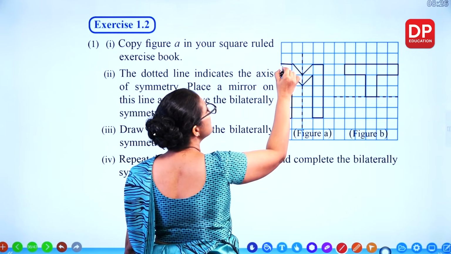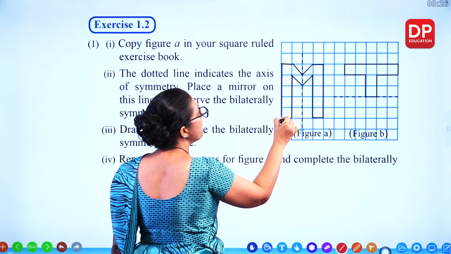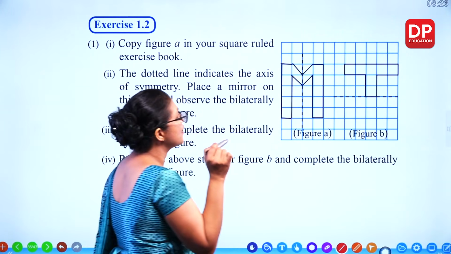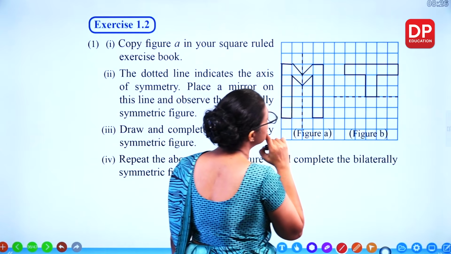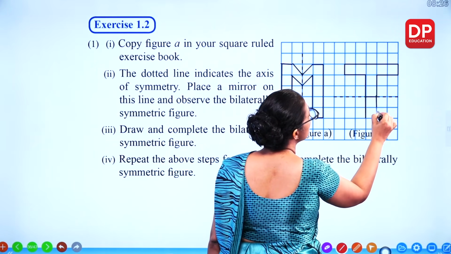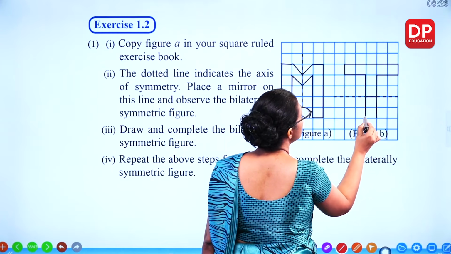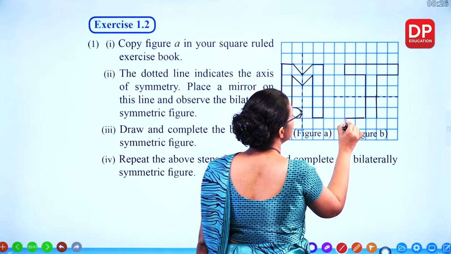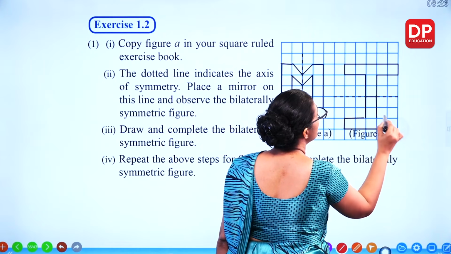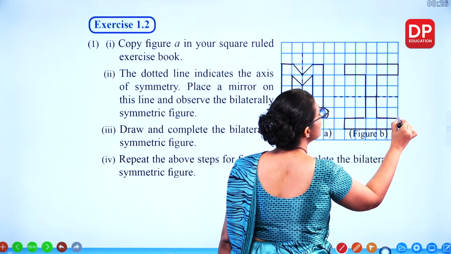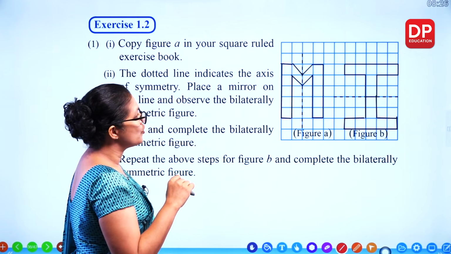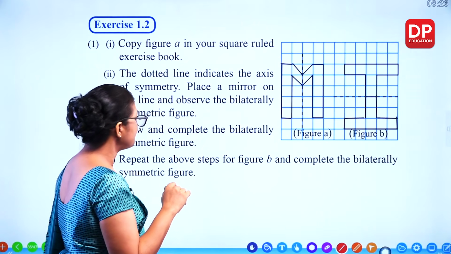So this is letter M. So that's the figure. This one, letter I. 2 squares down, 2 squares down here, and then 2 squares to this side and 1 square down, and you can continue this and complete the diagram. So you get I letter there.